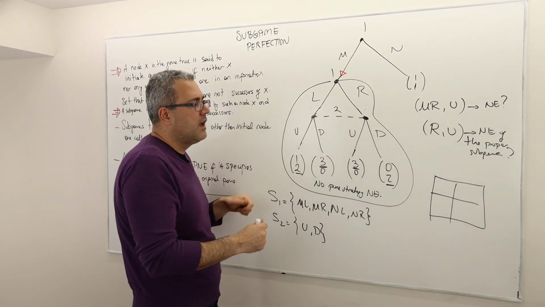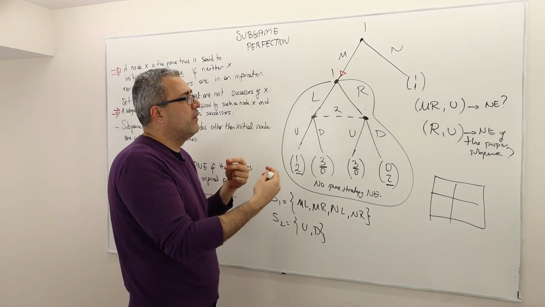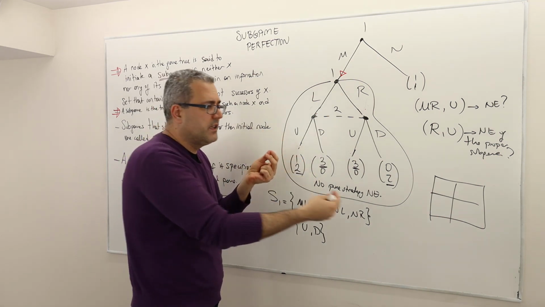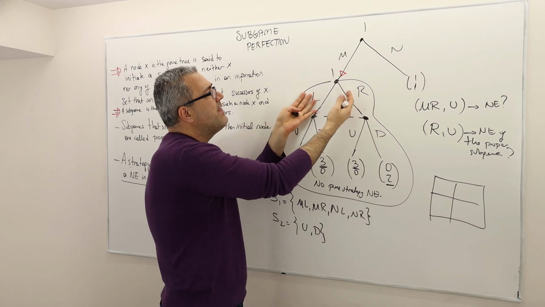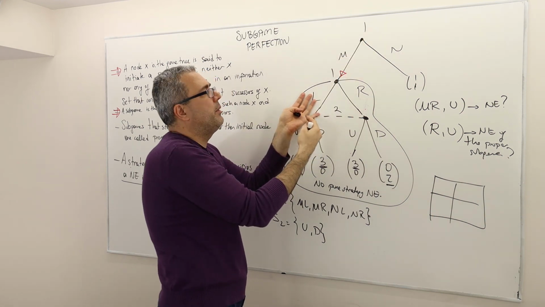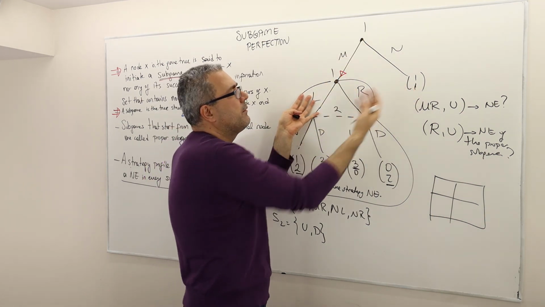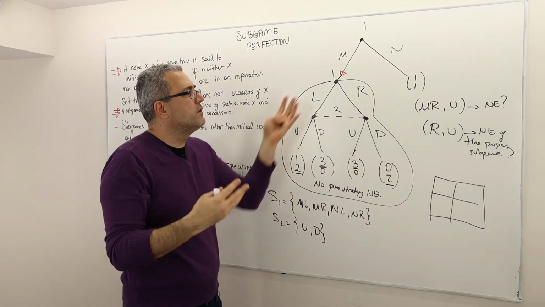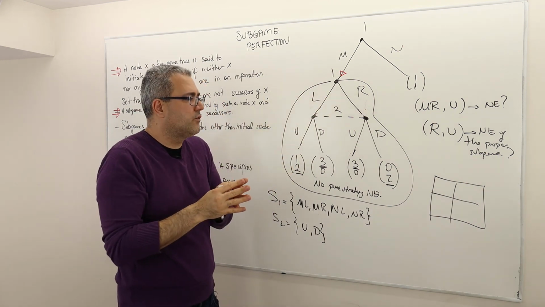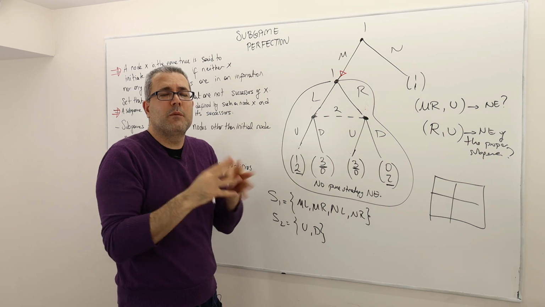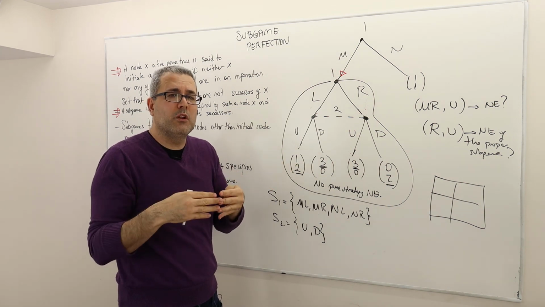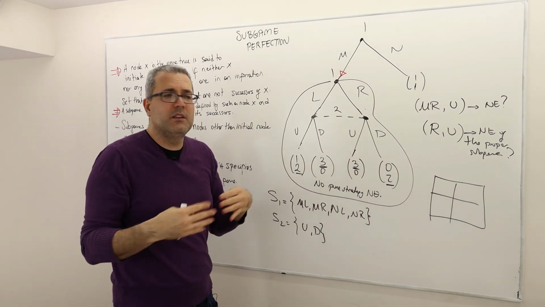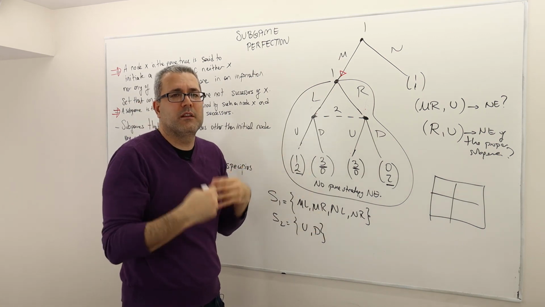Once I find it, I calculate the expected payoff of player 1 and 2 under this Nash equilibrium, and then see what player 1 is going to pick. Is he going to pick M or N? Once you figure this out, you will see what the Subgame Perfect Nash Equilibrium outcome will be, and the rest is just bringing the strategies together. That's it.